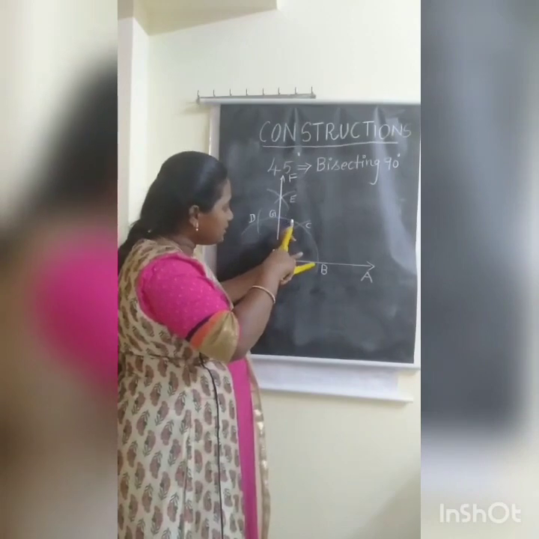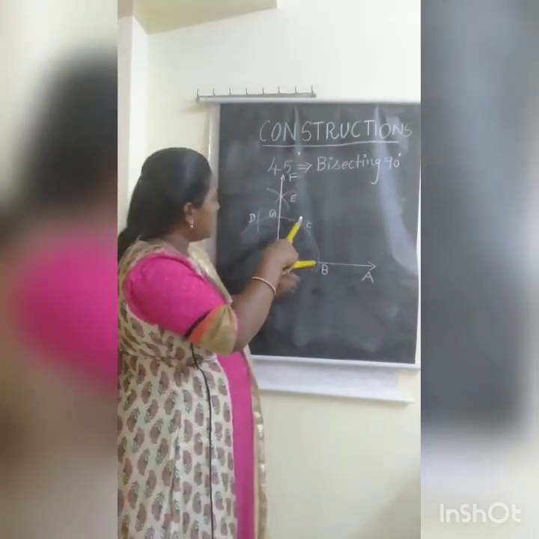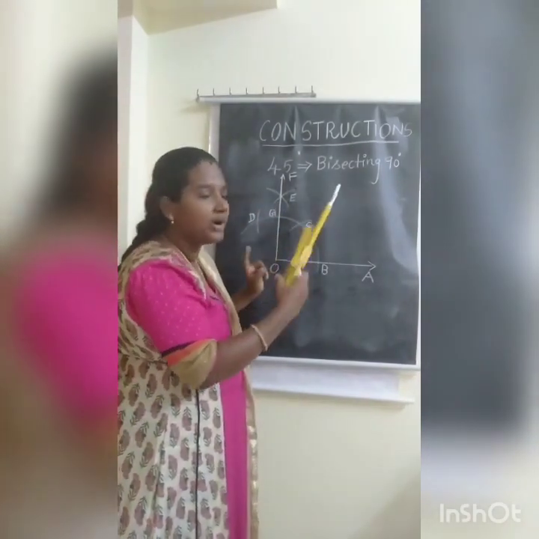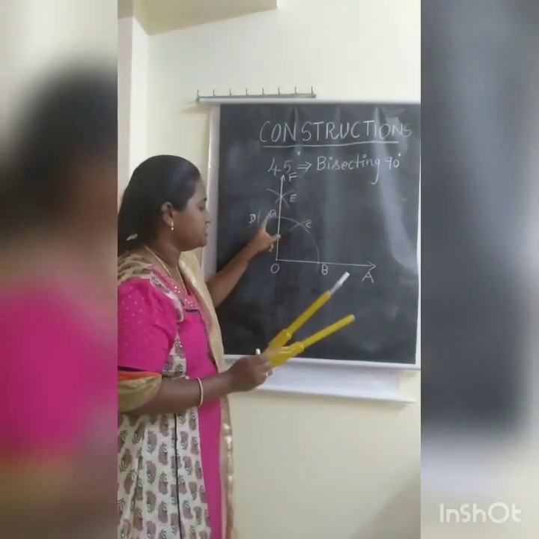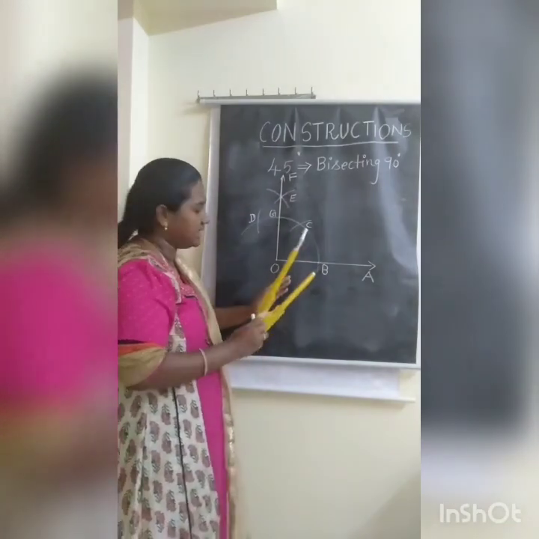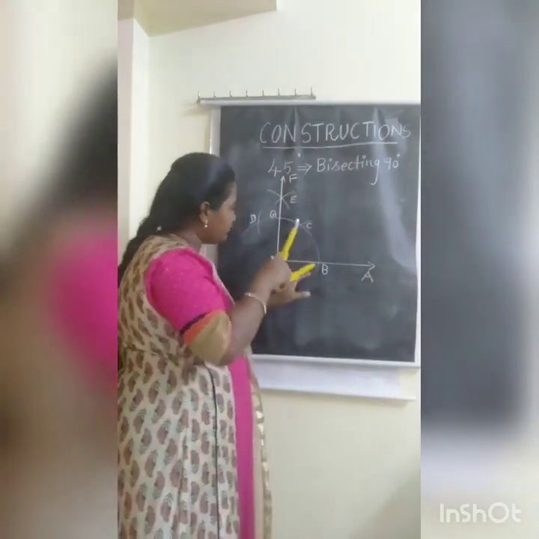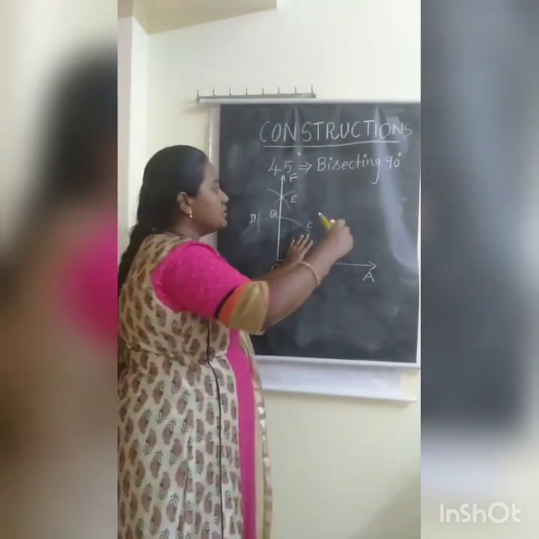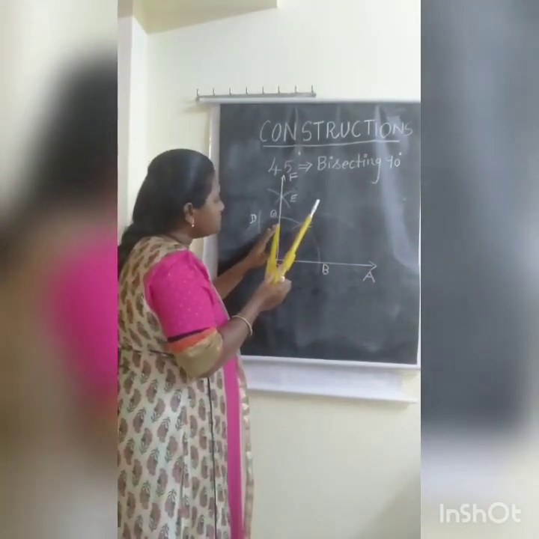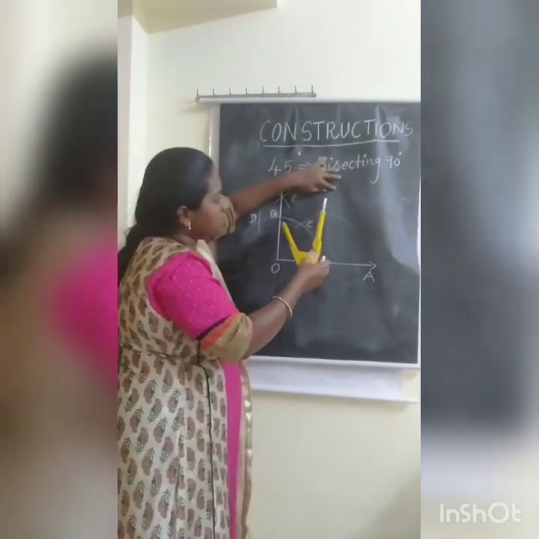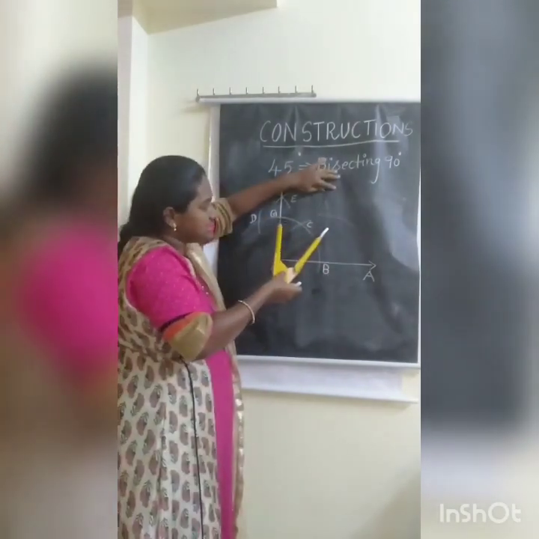I am going to take more than half of your baseline as well as your 90 degree. I am repeating the point. I am going to measure more than half of B and G, your baseline and your 90 degree. I am going to draw an arc from B and from G, the point on origin and the point at 90 degree.